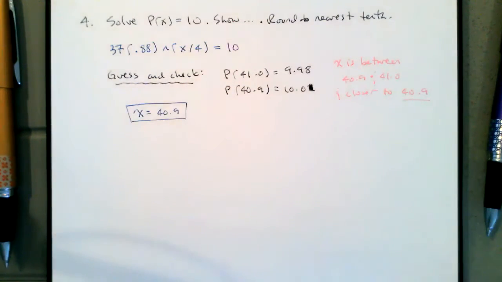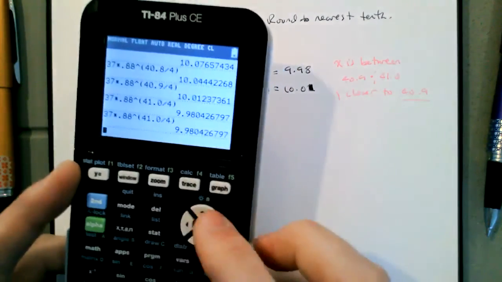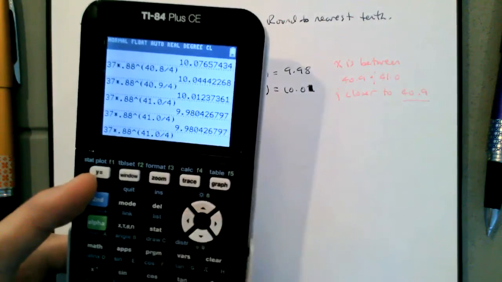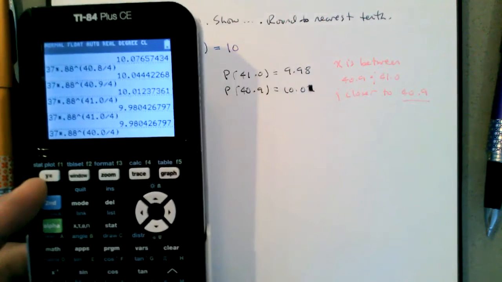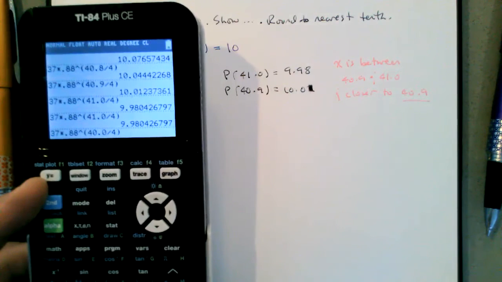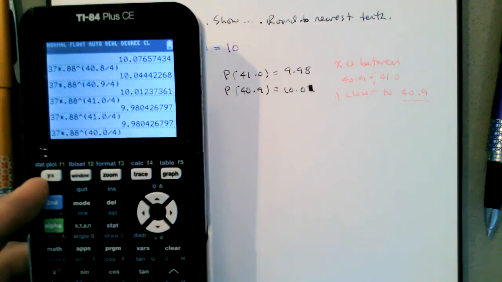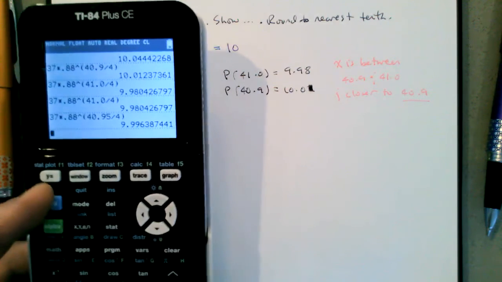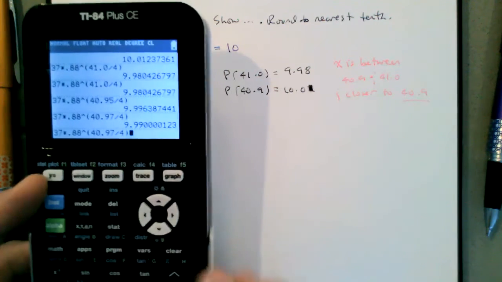That is because we only had to go to the nearest tenth. If we wanted to go to the nearest hundredth, then I would just split the difference between 41.0 and 40.9. So 40.95, let's say. That's a little too low, and so we just count up.